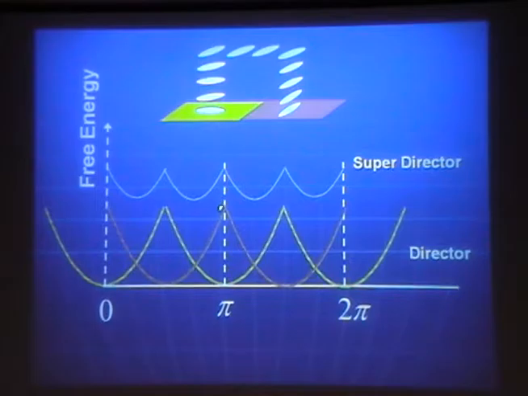This brown line is for this brown domain. And these two have a 90-degree difference. And so you have a superposition of these two. And with these 2 different orientation profiles, you have an overall profile, something like that.